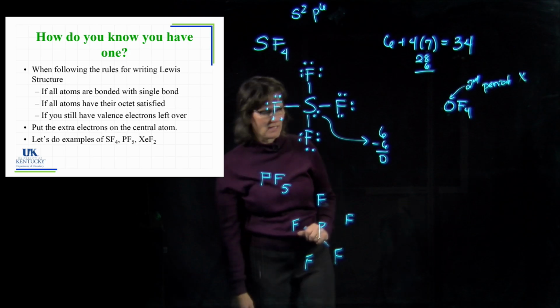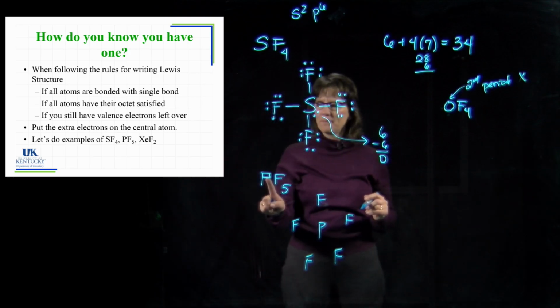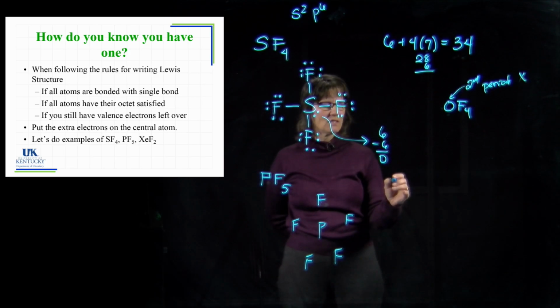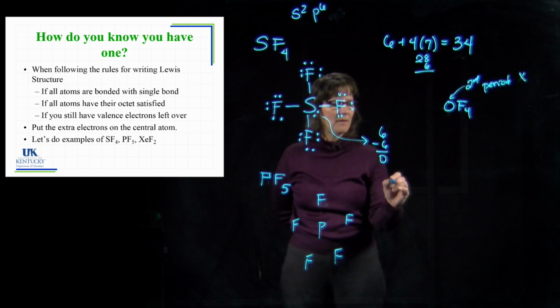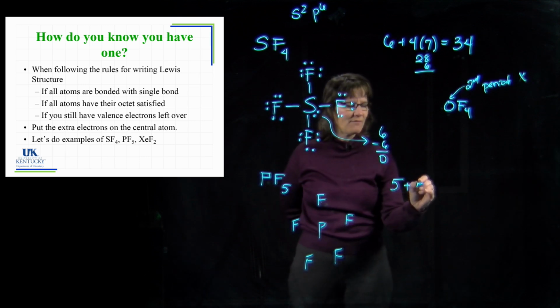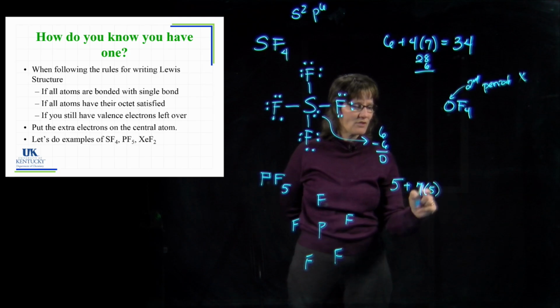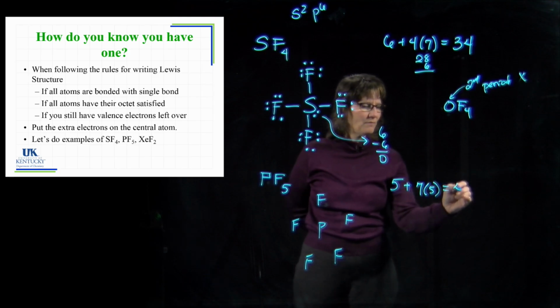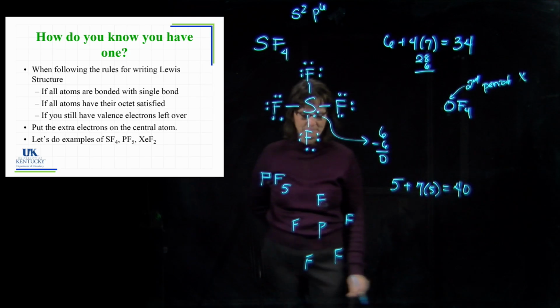But there's a connectivity. We're going to count up, all right? Phosphorus is in the 5A family, so it's got 5 valence electrons. 7 times the 5, that's 35, plus those 5 is 40 electrons to work with.